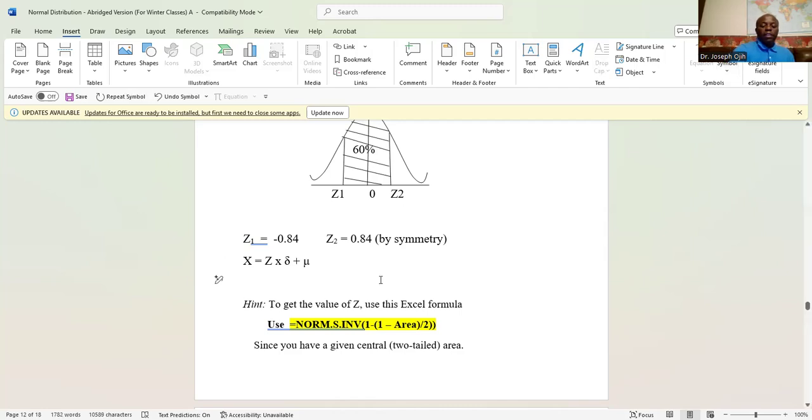So for the first one, X1, we're going to use Z1, standard deviation, plus mean.